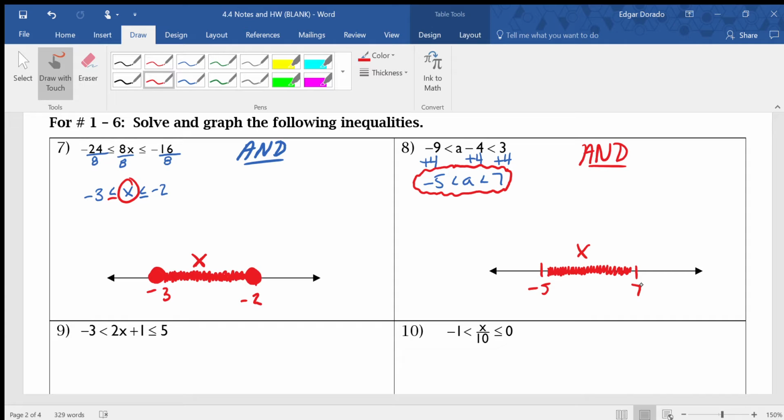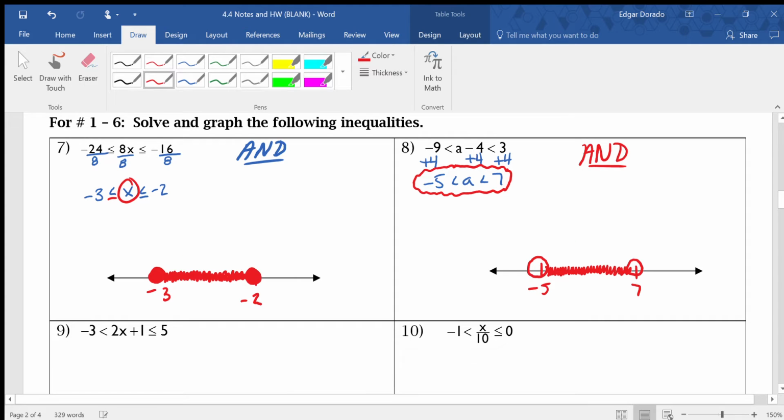Well, they are both just less than, none of them are equal to, so I just go ahead and draw 2 open circles. And again, guys, you don't have to write this x here. You can erase it and erase this one as well. I just like writing it there because it helps me model that the a is in the middle, so I know I have to put my a in the middle, between the -5 and the 7, okay?